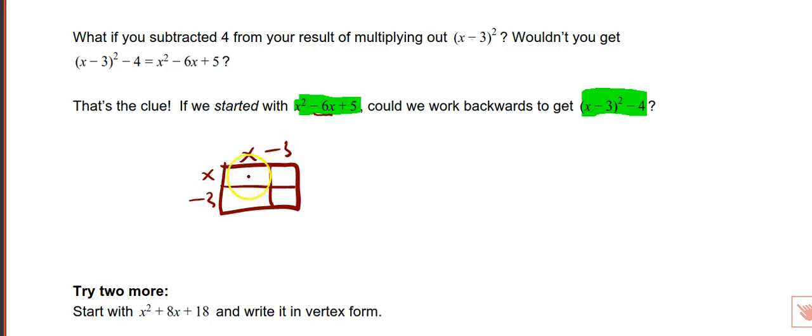I would be exactly where I started. I'd have x squared minus 6x, and plus 9. And then I would look at my 9 and say, but I want a 5. So that's 4 too large. I have to subtract 4. To go from 9 down to 5, I have to subtract 4. So I would say this is x minus 3 squared, and I was 4 too large, so I do minus 4.